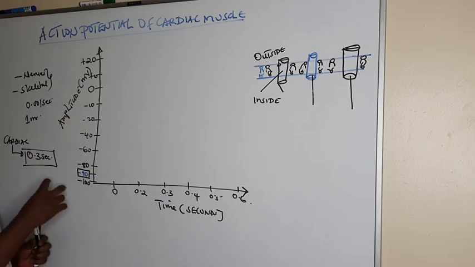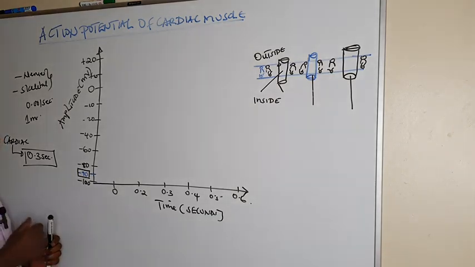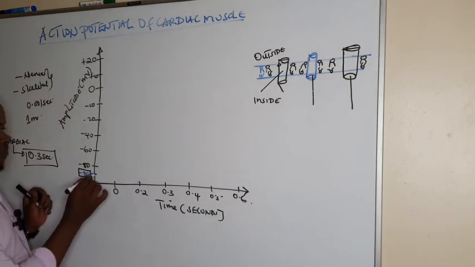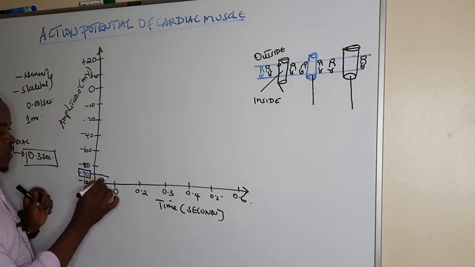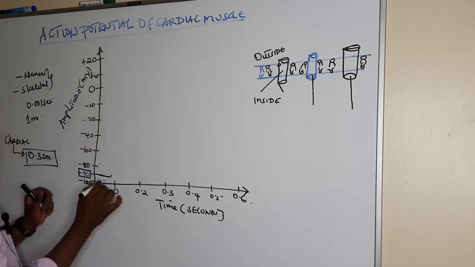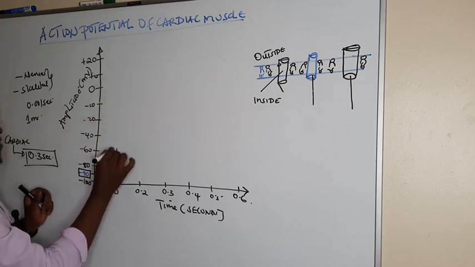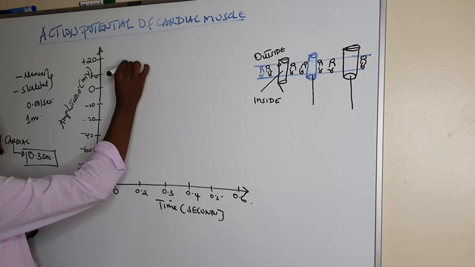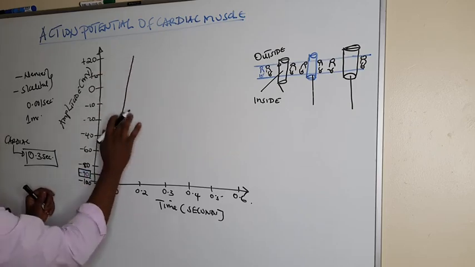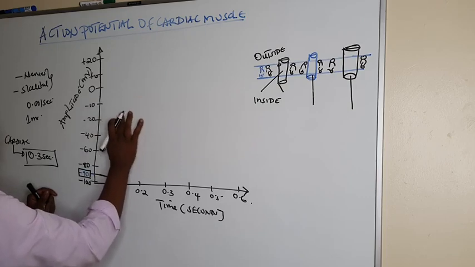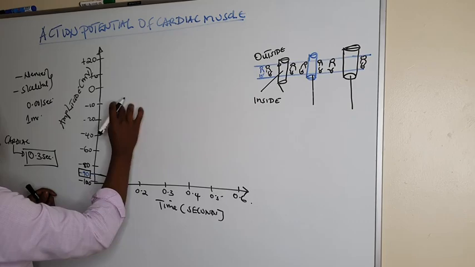So when an impulse arrives within the cardiac muscle, we're going to see that there is a rapid increase in the amplitude. This rapid increase takes like 1 millisecond.